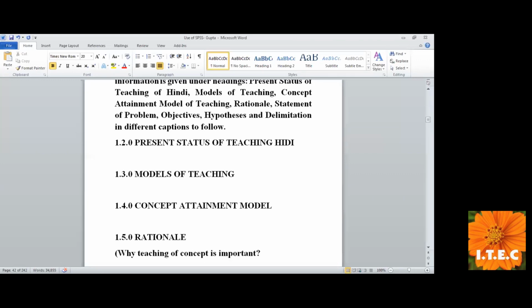You may write 2 paragraphs, you may write 3 paragraphs. If you want, you can also say that different methods of teaching concepts.